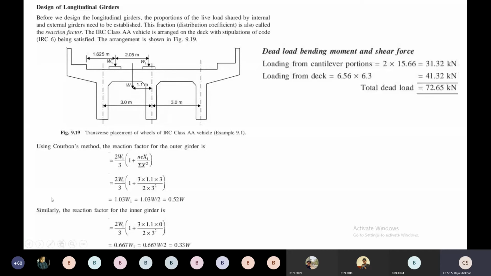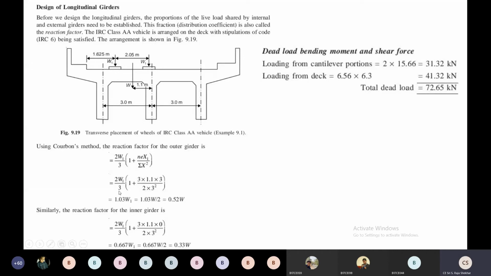So I calculated here the reaction for n equal to 3. The eccentricity e value, this distance, is 1.1 meters. X1 is the distance from the CG of the beam to the CG of the extreme girder, that is 3 meters.